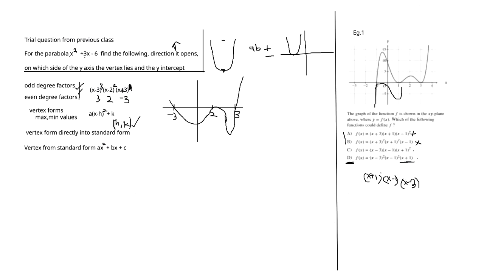So let's say you have the equation of a parabola being 2 multiplying (x minus 3) all squared plus 4. Then from this, we know that the vertex is (3, 4).